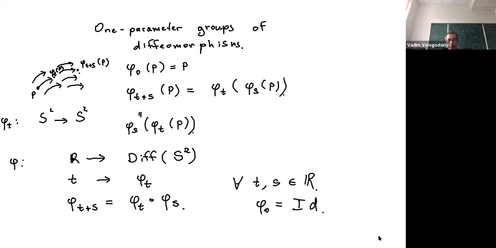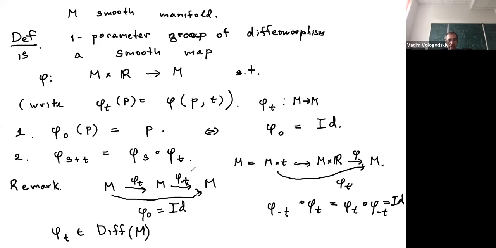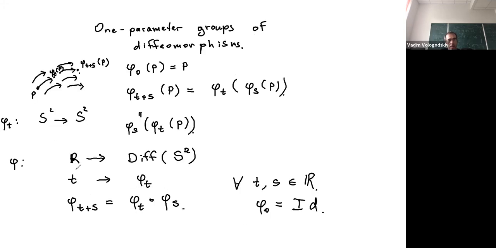What this formal definition adds is that it expresses the idea that this map itself is somehow smooth, that phi sub t varies smoothly as I vary t, right? It's not that for one t I have one diffeomorphism, and for very close t I have a completely different one.